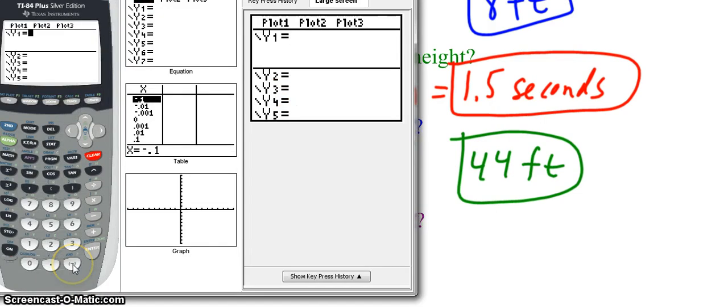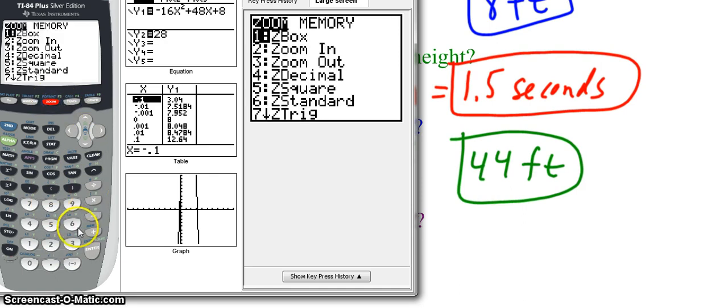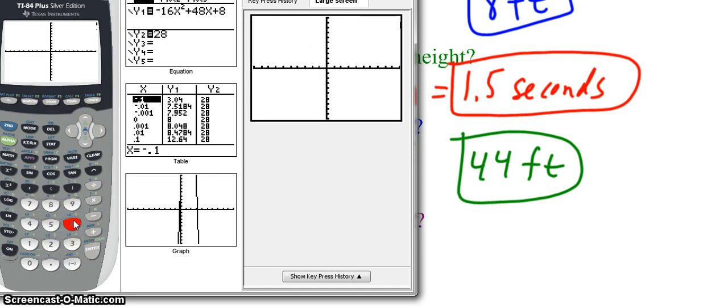Okay, so here I have my calculator. I'm going to type the equation in. We're going to use x instead of t, just because that's what the calculator has. Now the other thing we're going to do is for the y2, we're actually going to type in 28, and I'll explain why in a second. So if we do our standard window, if I hit zoom standard and I hit graph, this is what I see.